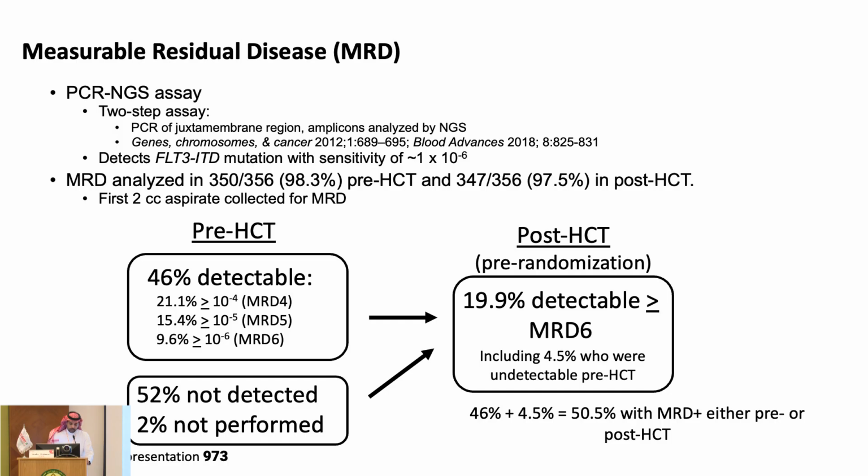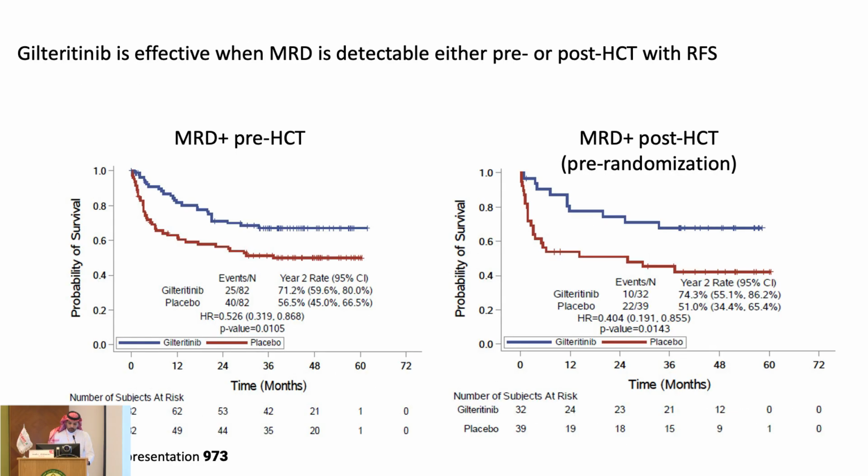In the pre-transplant setting, 46% were detectable in their MRD, and in the post-transplant setting, around 20% of patients had MRD positivity. So overall, 50% were MRD positive, and whether patients had MRD positivity pre or post-transplant, gilteritinib use was associated with better outcome.